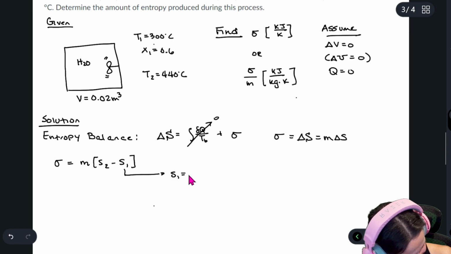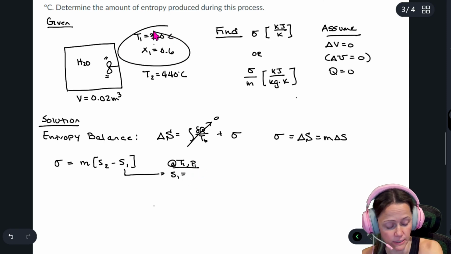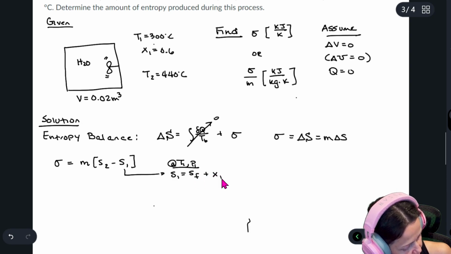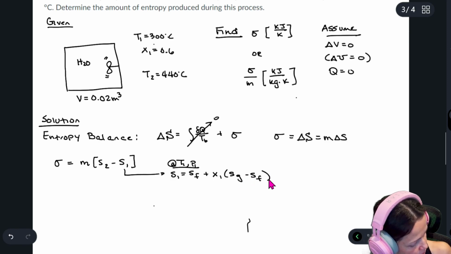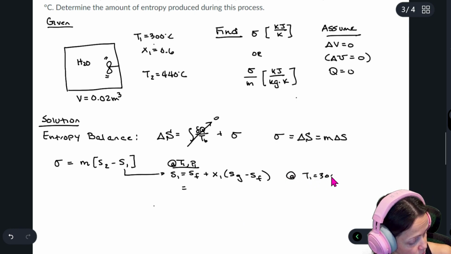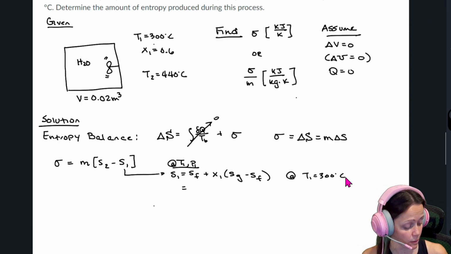So there's S1, and this is all at state 1, at T1 and P1. Of course we have a quality here, so I know I'm going to have to use that quality in order to calculate this. So it's going to be S sub F plus the quality times S sub G minus S sub F, and this is all going to be at T1, 300 degrees Celsius. I assume that you can look that up in your tables.